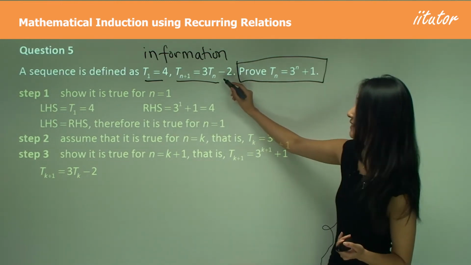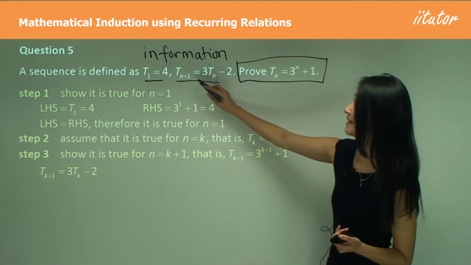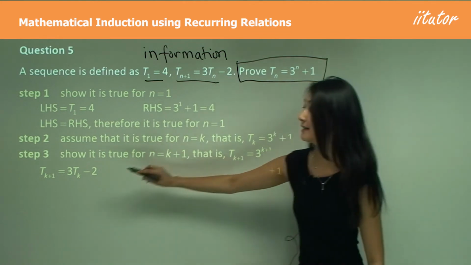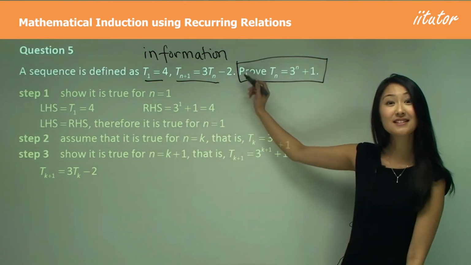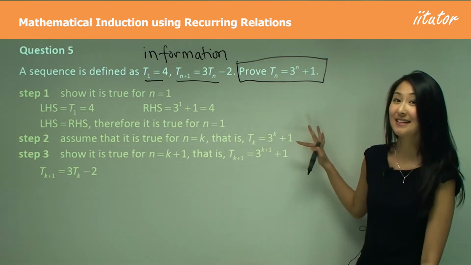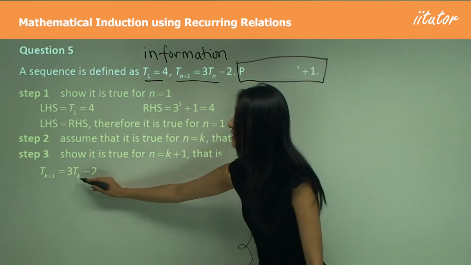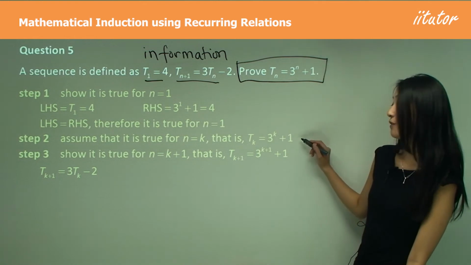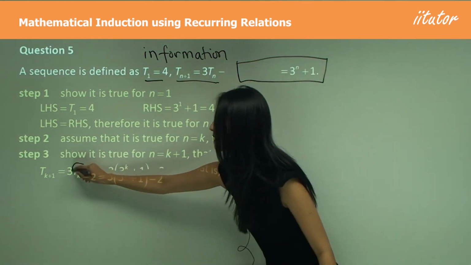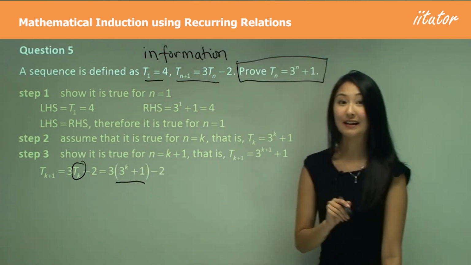So I'm using this information to say that t(k+1) equals 3 times tk minus 2. Can you see how I've used that information? And now is when I use the assumption, which is substituting tk for 3^k plus 1. So I've just substituted this for this over here.